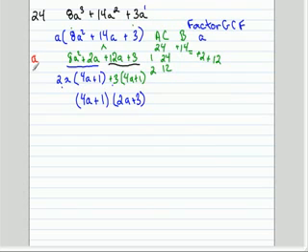And I need to bring down that other a. That has to be part of the answer also. I can't forget that. So I have a times 4a plus 1 times 2a plus 3 for number 24. And this was 6.3.